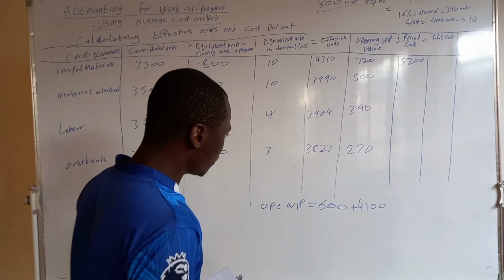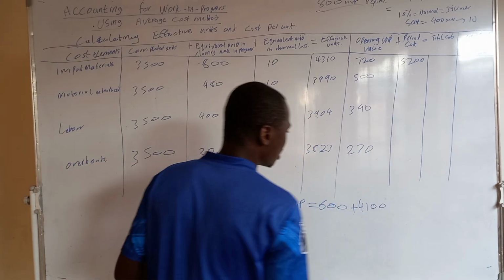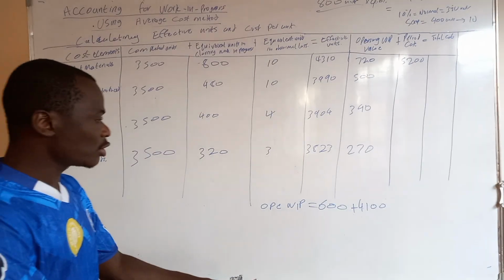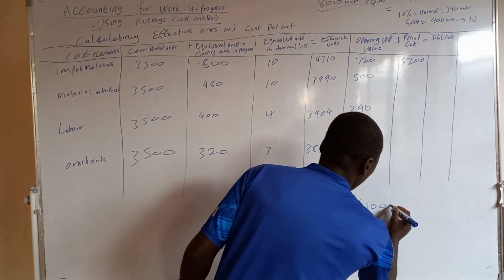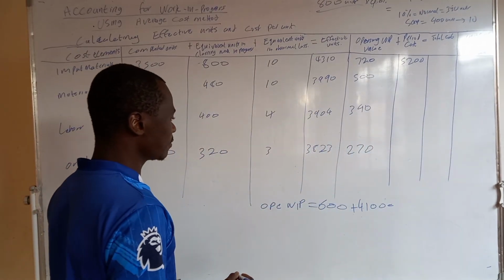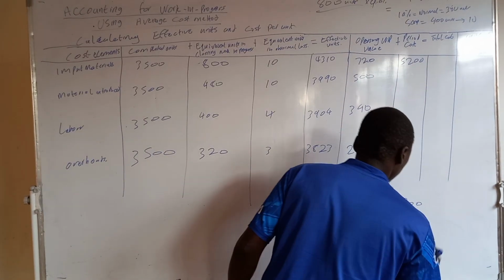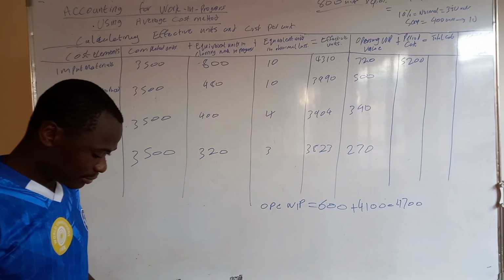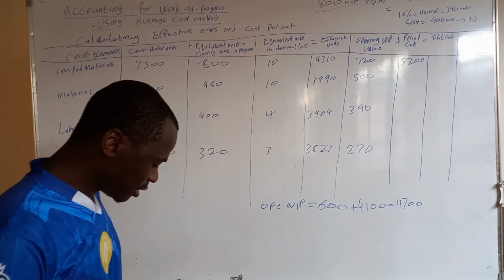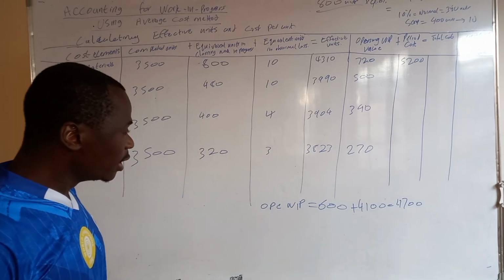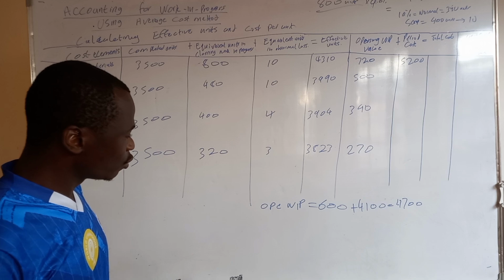Then these are the materials that came in. These are what we worked on, and that gives us 4,700. We are looking for what we produced.